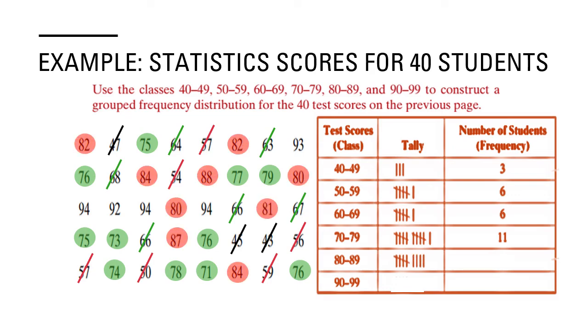From 80 to 89, that's 9. And from 90 to 99, that's 5. Now 40, 50, 60, 70, 80, 90, we call them lower class limits. 49, 59, 69, 79, 89, 99, we call them upper class limits.